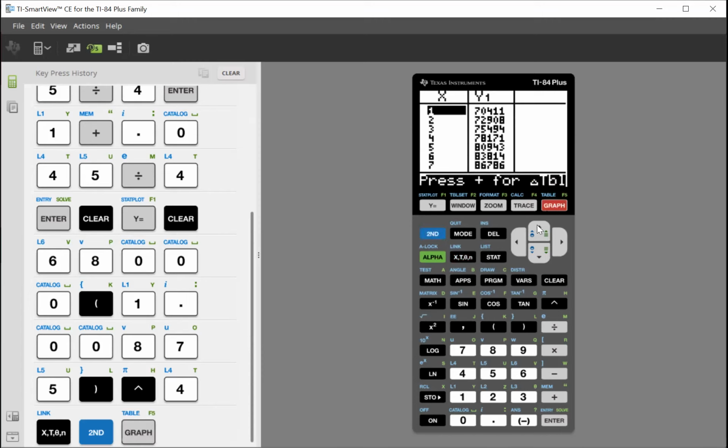So let me arrow up one because I had to start at 0. So y'all notice at 0, we got 68,000. Which makes sense. If you started with 68,000, no time has passed, you've got to have 68,000 in there. At 2, I had 72,908.